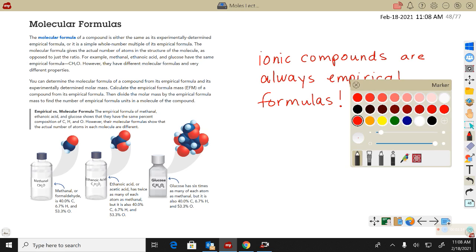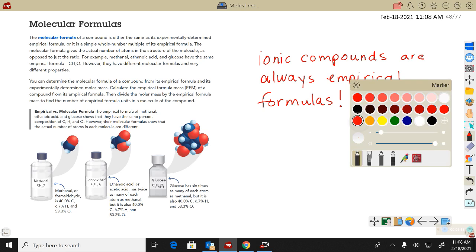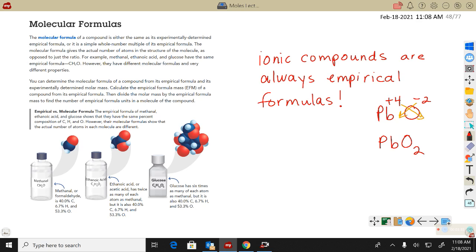Now we said the other option is this crisscross method, which is fine, but there are a few times where it doesn't lead you to the right formula right away. If you had Pb2O4, we'd want to simplify that to the lowest repeating pattern in the crystal.